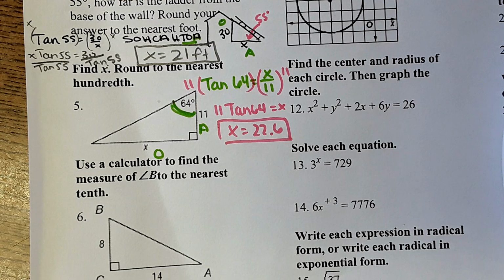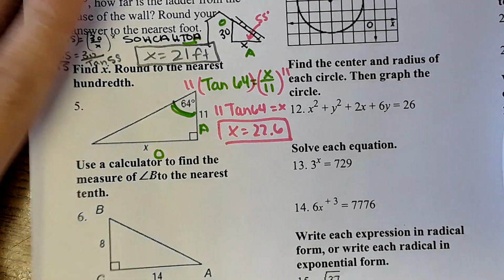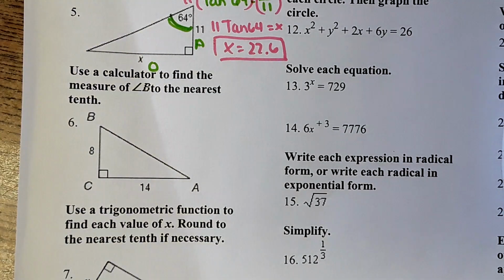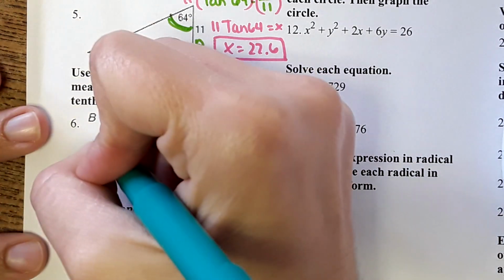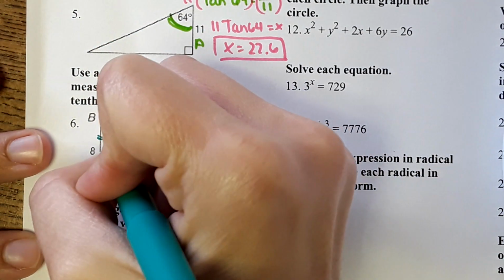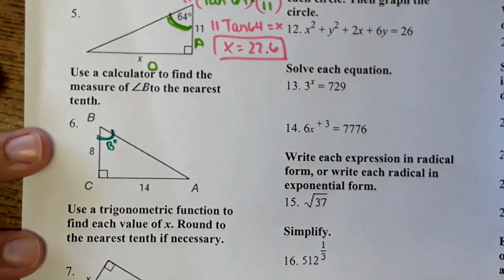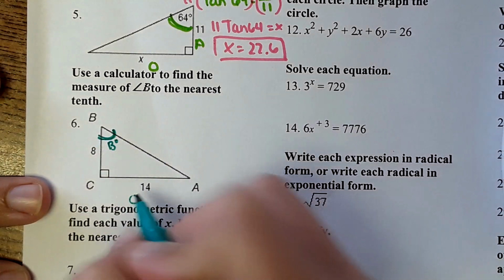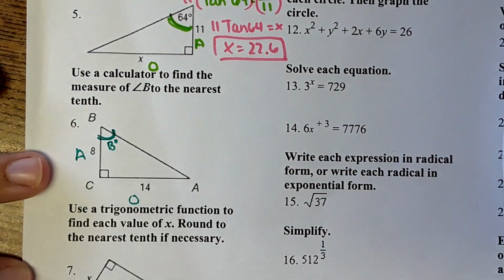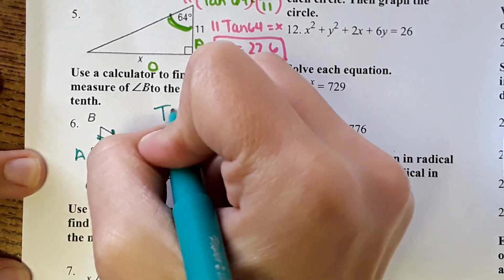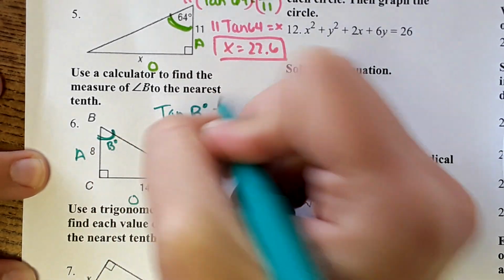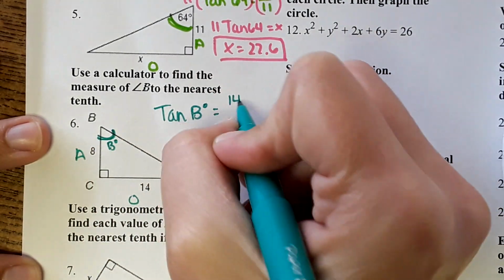Okay. Then number 6, it says use a calculator to find the measure of angle B. So we'll just call this B degrees. And we have opposite and adjacent. So again, another coincidence, but it's going to be tan of B degrees is opposite over adjacent.